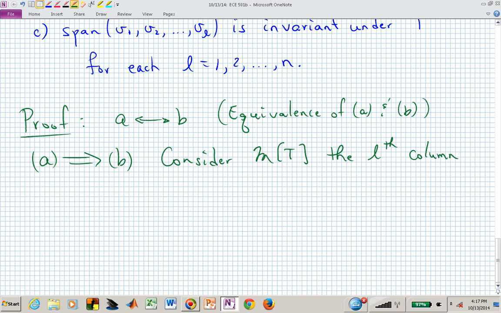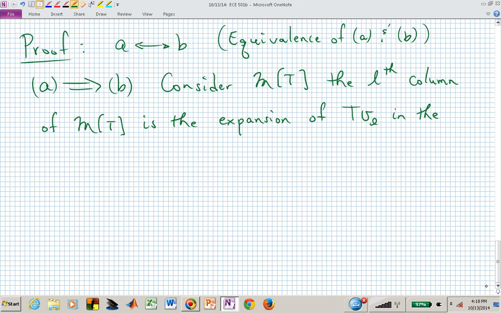The nth column of the matrix representation of T is the expansion of T V sub L in the basis that we have agreed that we're living with, V1, V2, up to V sub n.